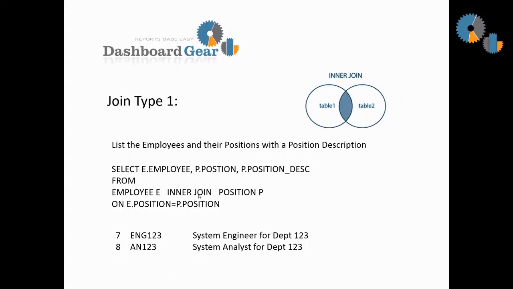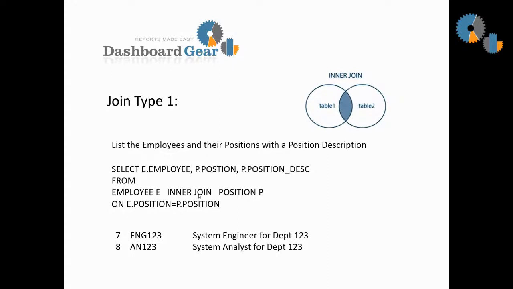How does it know that there's a field in one table that I'm going to relate to the other table? There has to be some kind of logical connection between them. In this particular example, I have a position ID on my employee table, and I have a position ID on my position table. So I'm saying relate the employee position to the position.